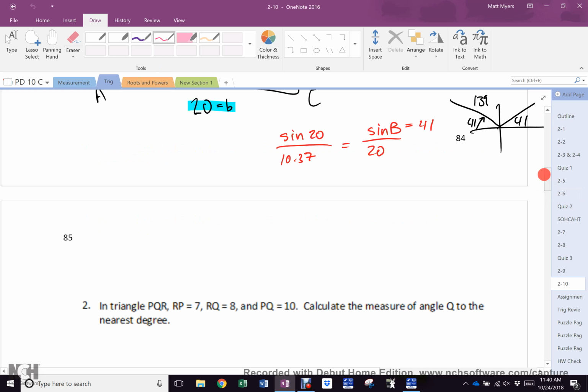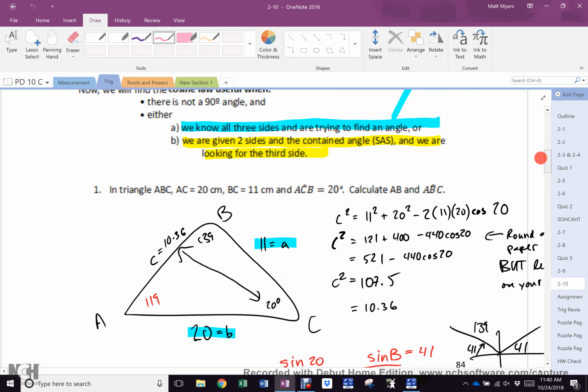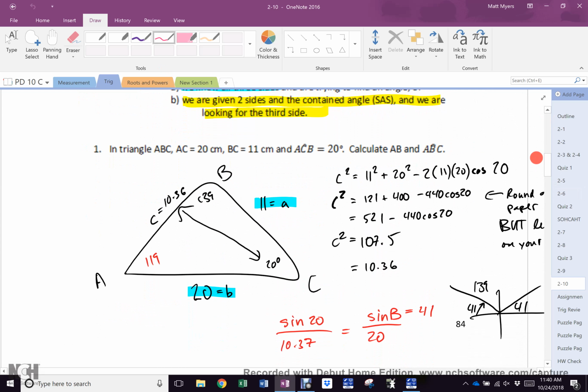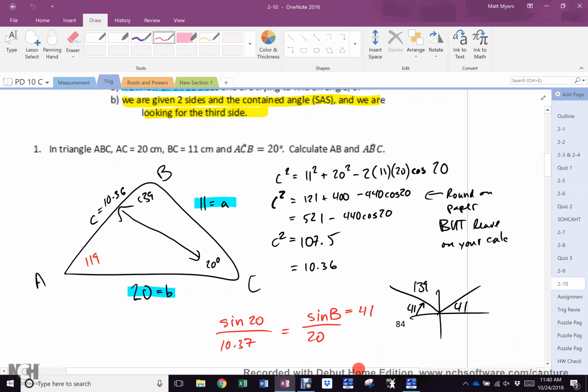So, we finished up with number 1, triangle ABC, and we got to a point where we were discussing this problem here. When we did the sine, we got this to be 41 on our calculator, yes?